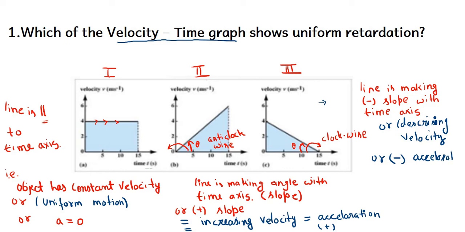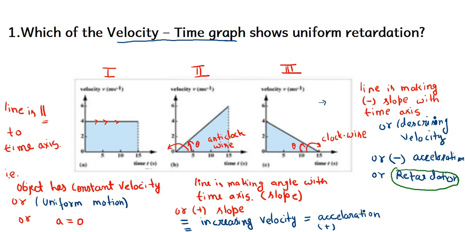And negative acceleration means retardation. So just read the question. Which graph shows the uniform retardation? The graph third shows the uniform retardation.